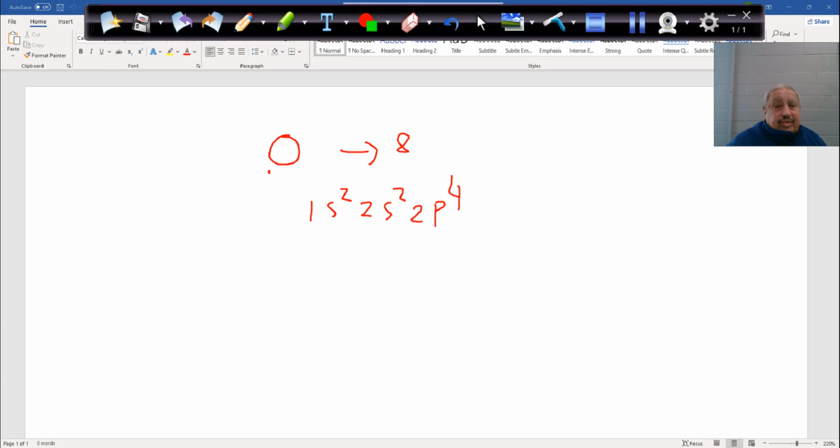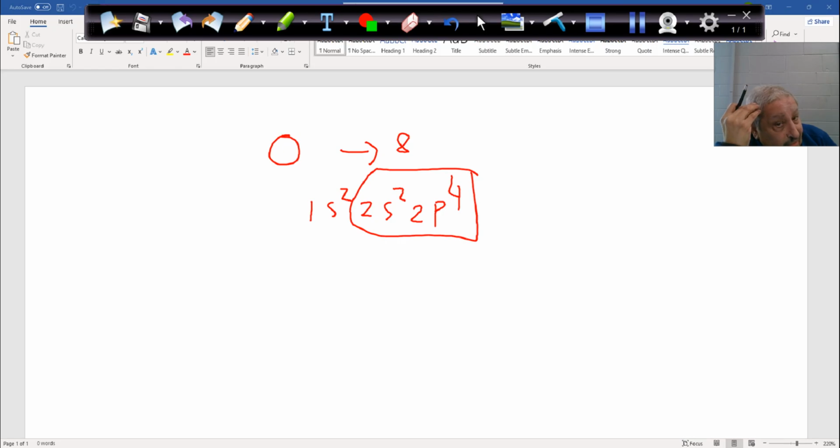That's oxygen here. The valence electrons are those found in the last outer shell, in the second one, 2s2, 2p4.